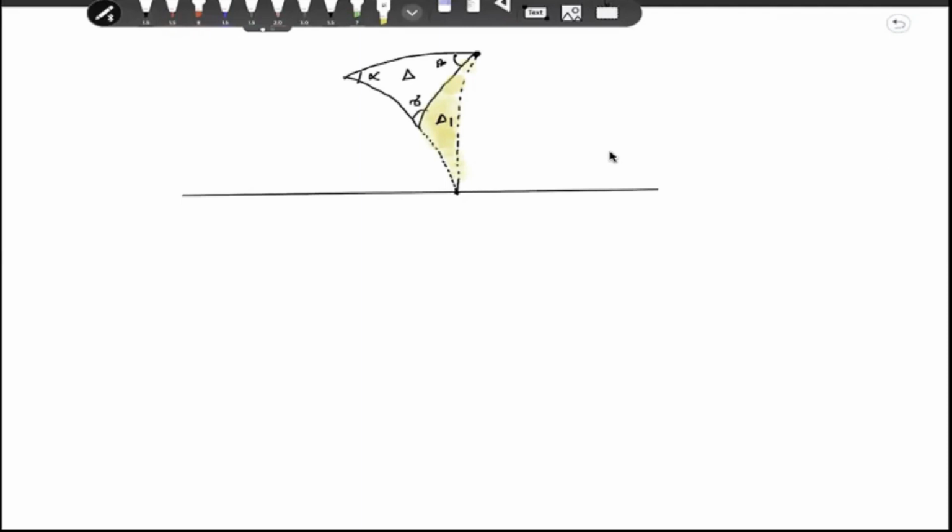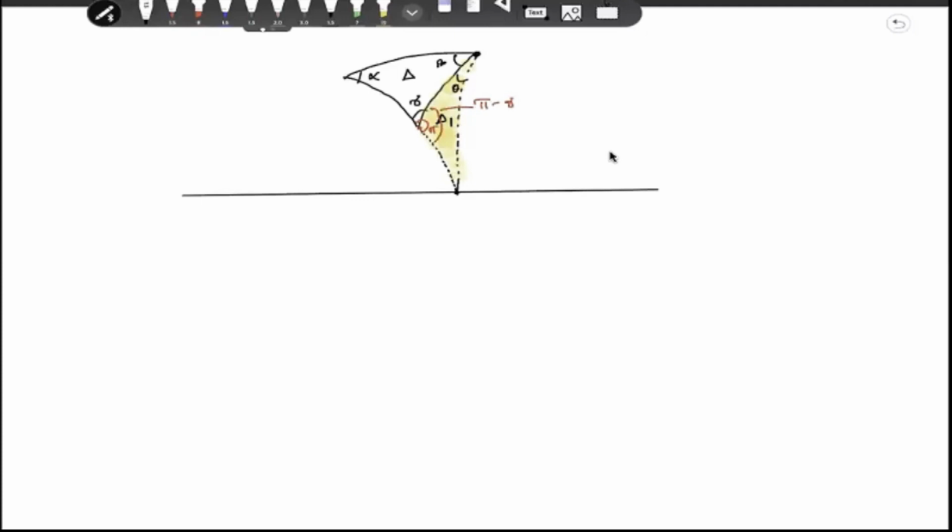Okay, so now note that this is geodesic, so this total angle will be my pi. So therefore, one of the vertex angles of this delta 1 will be pi minus gamma. And let this other angle be theta.